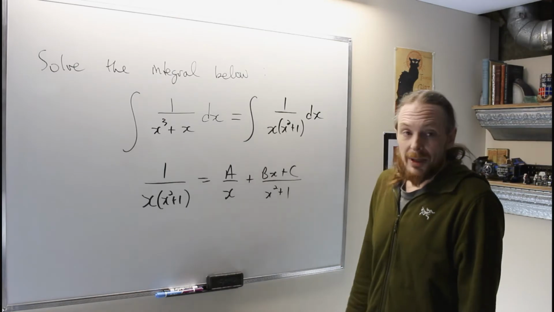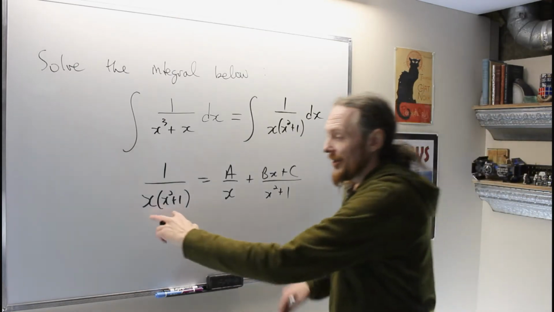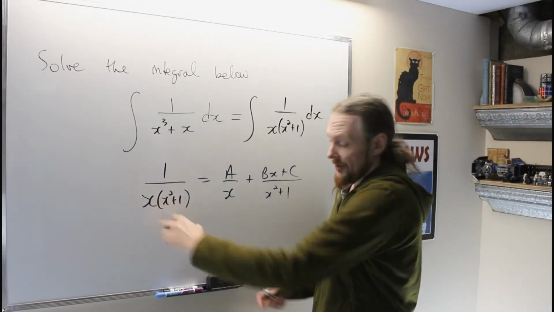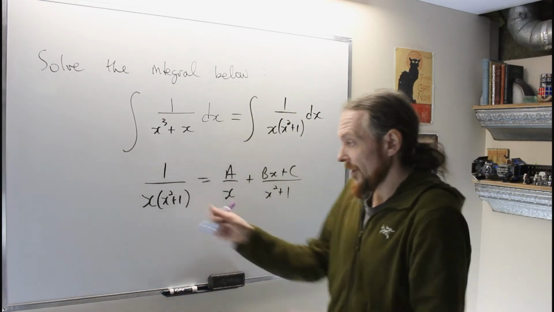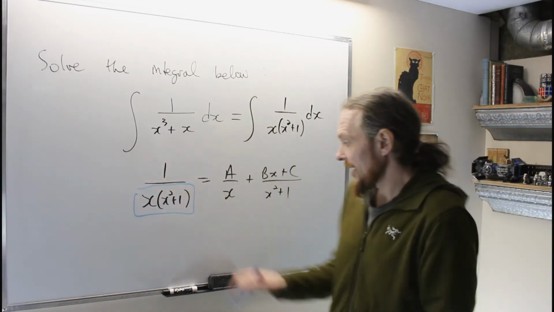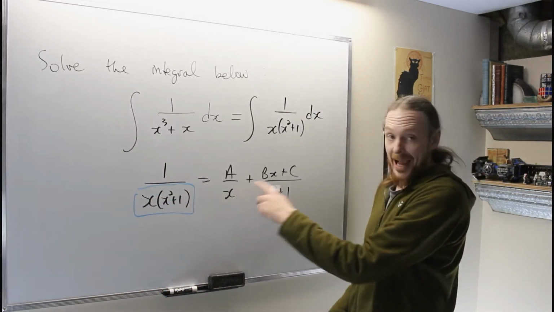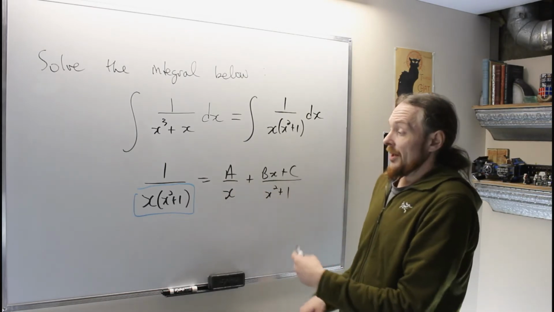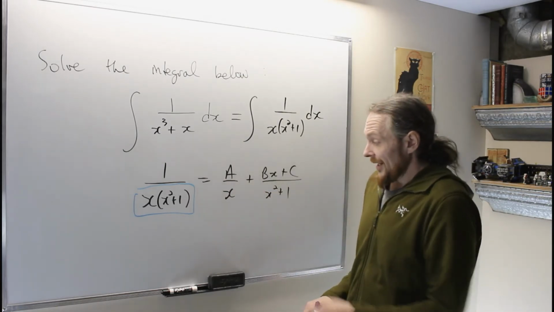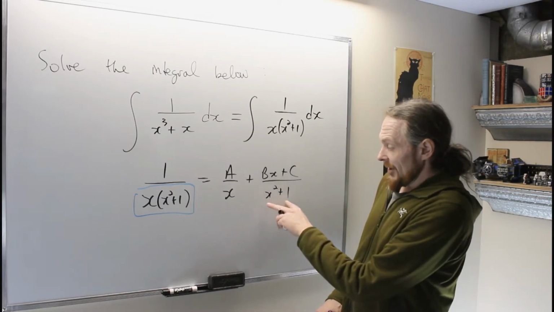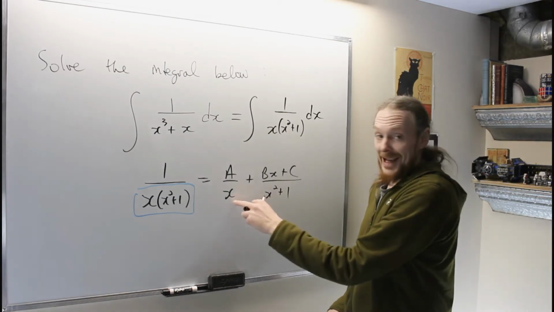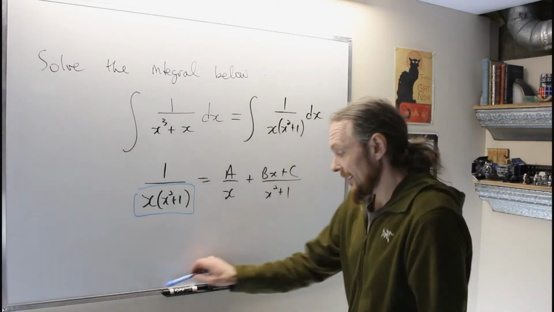So what are we doing with this? Actually, what we're now going to do is, this is always the common denominator, first of all. That's the common denominator you're looking for. I want this common denominator to be here and here because I'm adding fractions. So what's the common denominator? Here, this one is missing x squared plus 1, and this one is missing x. So we're going to do exactly that.